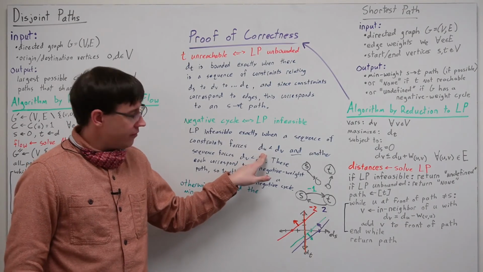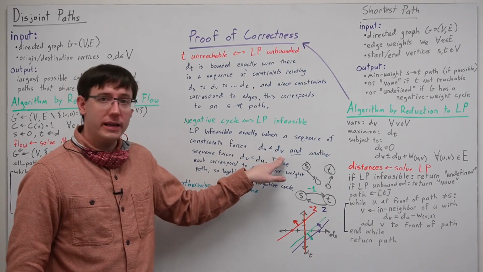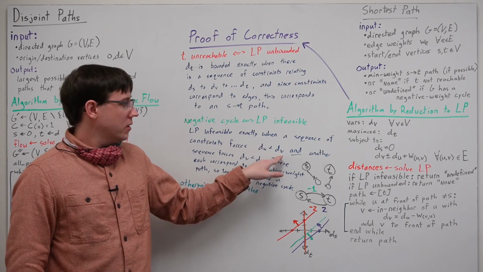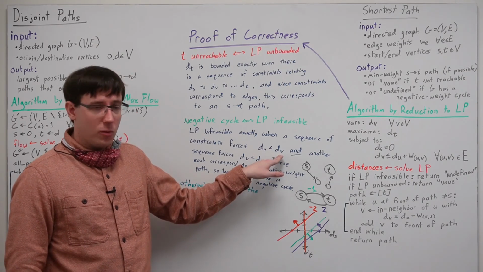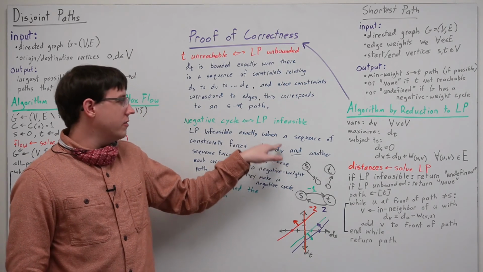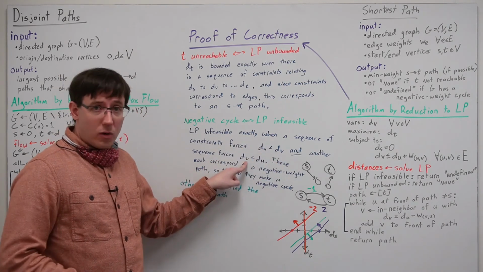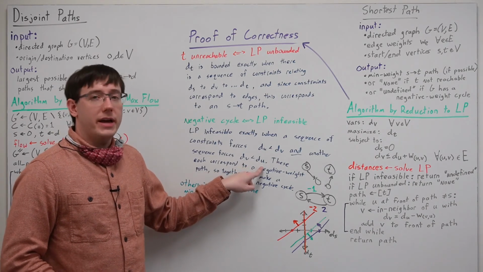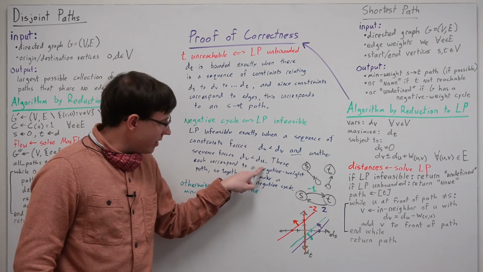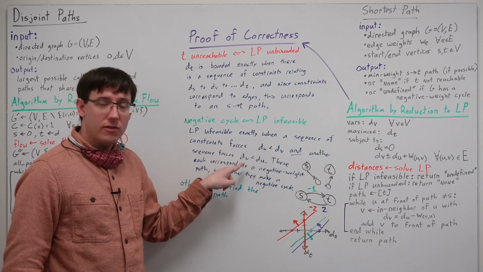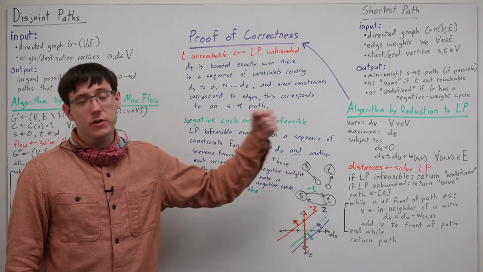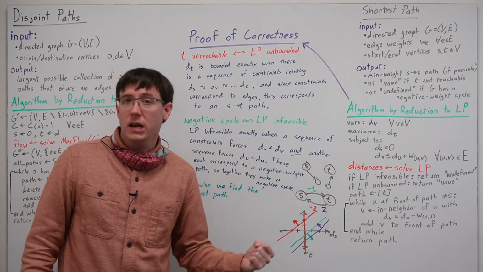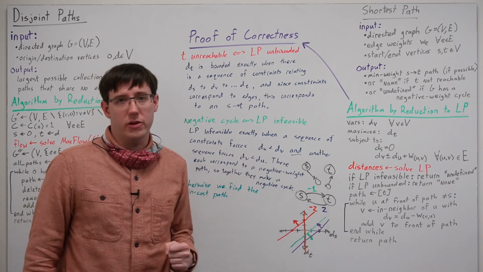If our constraints force du to be strictly less than dv, that corresponds to some path of negative weight from dv to du, and likewise, if they force dv to be less than du, that corresponds to a path of negative weight from du to dv, and so a sequence of constraints that makes the linear program infeasible corresponds exactly to a negative weight cycle in the graph.